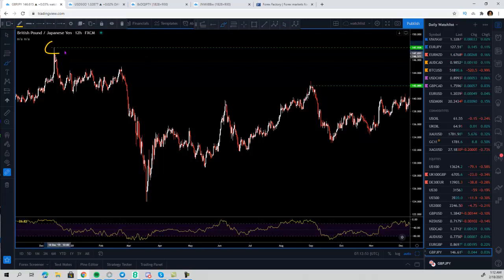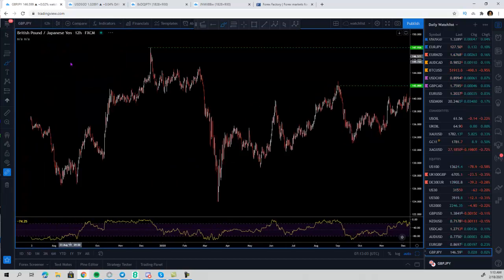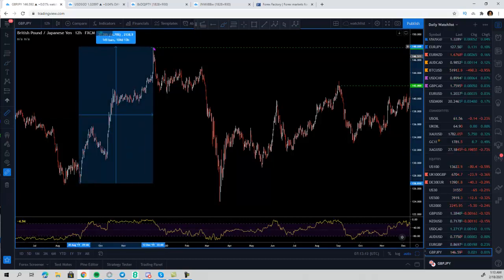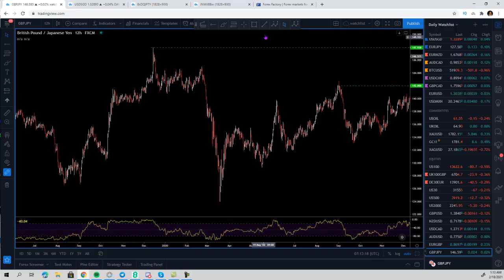Right, so we have this high right here. This dates from December 13, 2019. Just have a look at this chart, and this is why key levels are so important. After a big move to the upside, we had here a 17.5% move, or a 2,100 pip move.